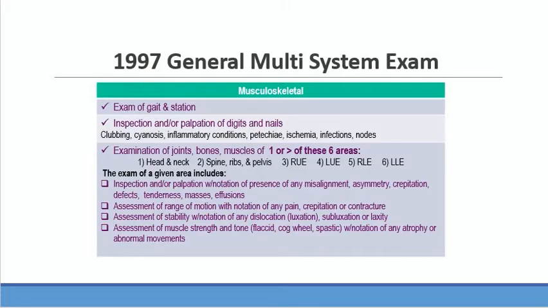CMS states that an exam of a given area should include inspection and/or palpation looking for misalignment, asymmetry, crepitation, defects, tenderness, masses, or effusions. It also has assessment of the range of motion, assessment of stability, and assessment of muscle strength and tone.